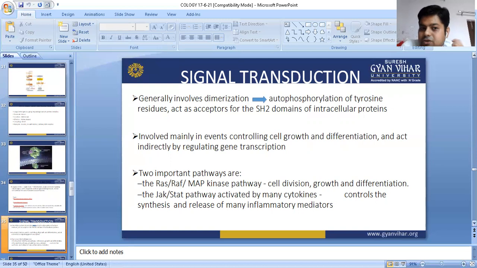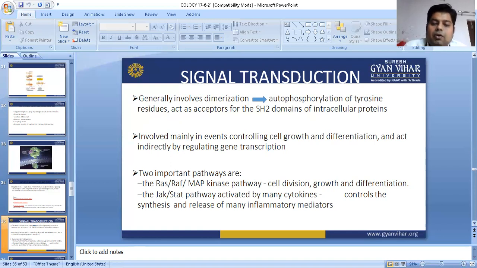Autophosphorylation of tyrosine residues acts as a receptor for the SH2 domain of the intracellular protein, and is involved mainly in events controlling cell growth and differentiation, and acts indirectly by regulating the gene transcription mechanism.